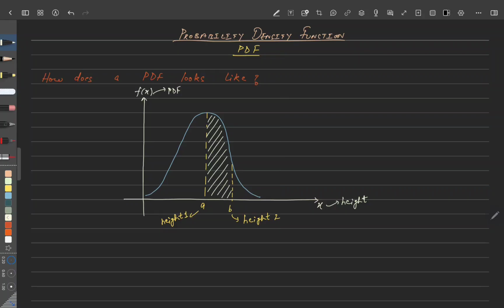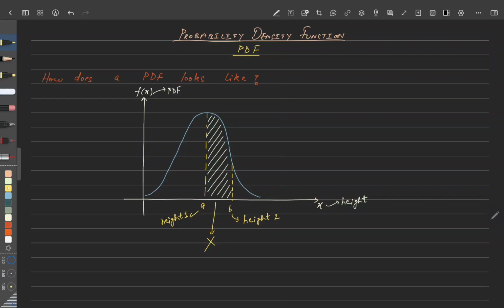Let us say you want to know that a height x lies between the heights a and b. So let's say somewhere between a and b lies a height x. Okay, and that is what you want to find out.